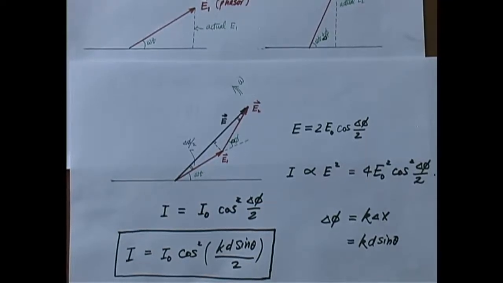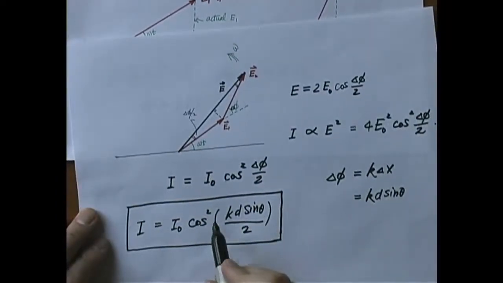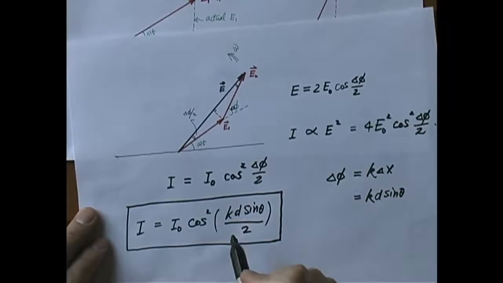And this formula is one step further than what we did before because it tells us the intensity at every location on screen. In particular, how do you get a bright spot? You get a bright spot when the cosine squared becomes 1, right?